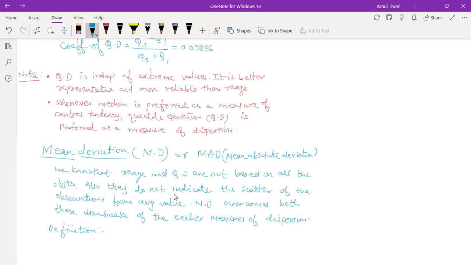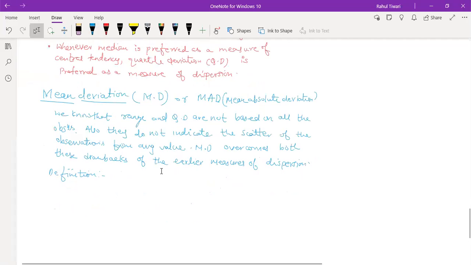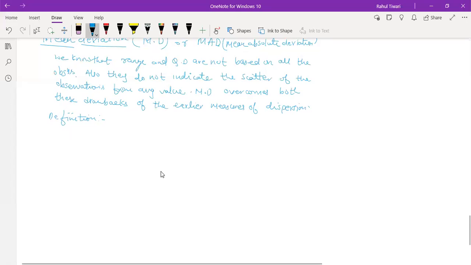So definition, again, we talk about the raw data and we talk about the frequency. First, we will take the general case. What is the general case?